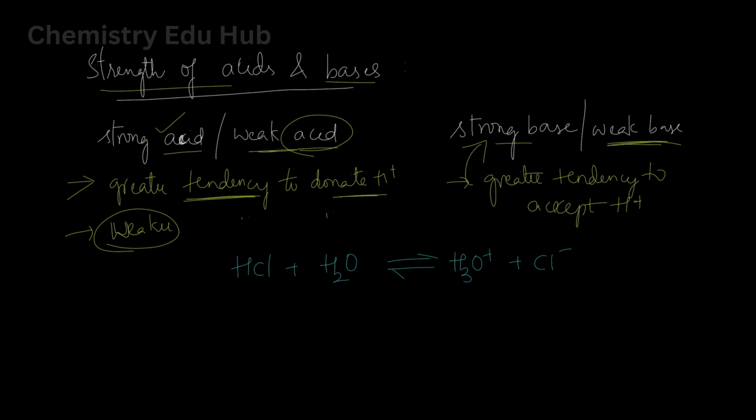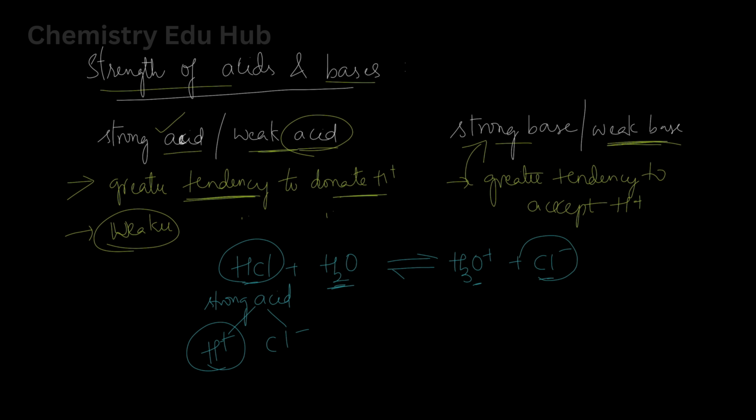Here we are understanding the concept by using the same example every time so that it will register easily. We used HCl with water, turning into hydronium ion and Cl minus. We know that HCl is a strong acid because whenever you add HCl to water, it readily splits into H plus and Cl minus ions, and these H plus ions are readily taken by H2O.